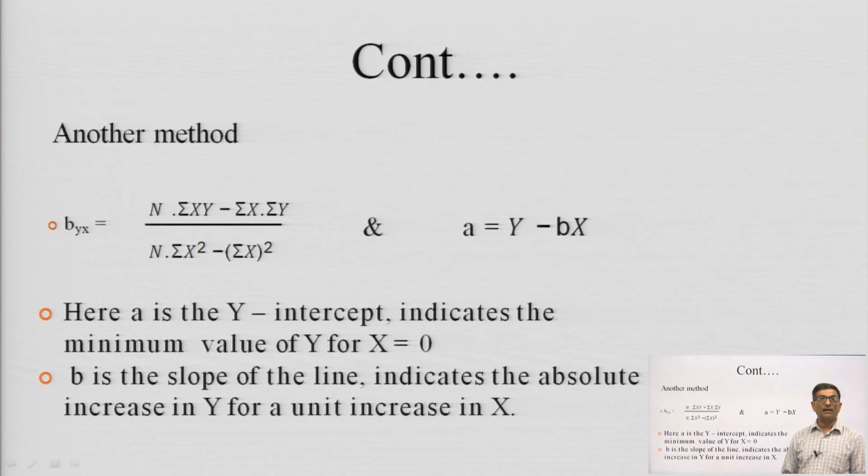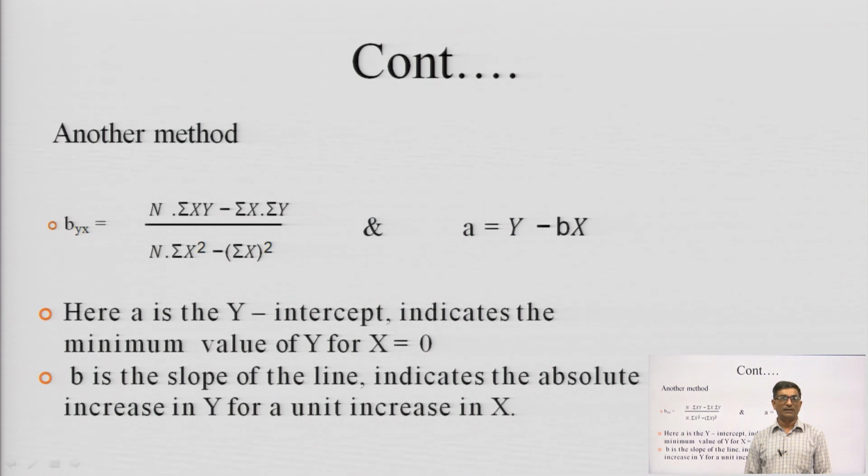Here a is the y intercept, which indicates the minimum value of y for x equal to 0. That means a is the value of the intercept when the value of x equal to 0, or you can say it is the minimum value of y when x equal to 0. b is the slope of the line and it indicates the absolute increase in y for a unit increase in x.